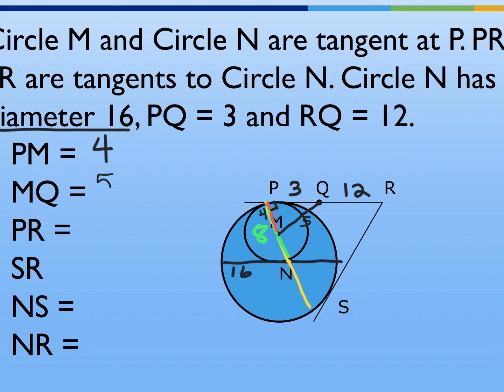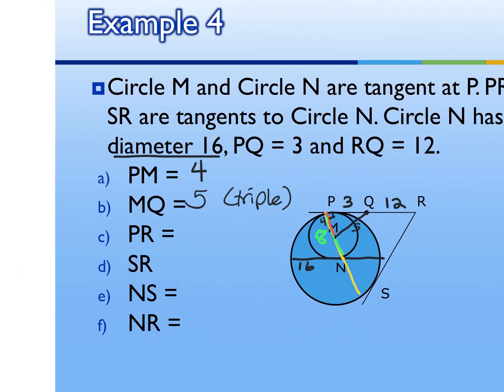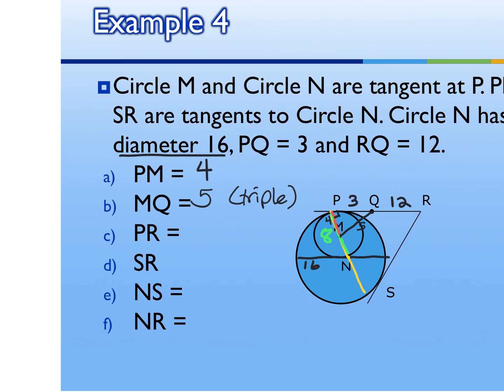It's a Pythagorean triple. PM is half of the radius. Correct. How did you know that? Because if I knew that this right here was the radius of the original big one, and the original big one had a diameter of 16, so this was 8 and 8. Yeah. And then half of that is 4.